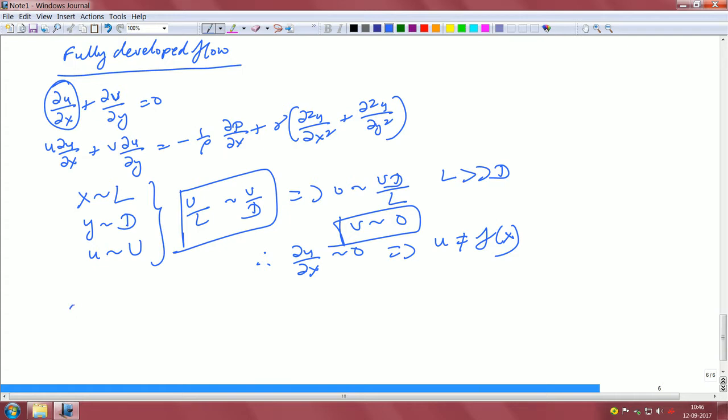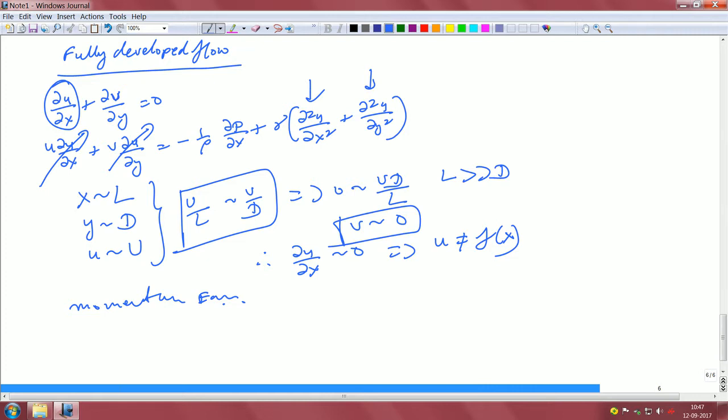So, the momentum equation then becomes very simple, right, because if you look at the momentum equation, the first term vanishes because u is not a function of x anymore, and the second term vanishes because v is equal to 0. Okay. And if you look at these two terms now in the momentum equation, that is del square u by dx square and by dy square, of course, we know that x scales as L and y scales as d, L being much larger than d.